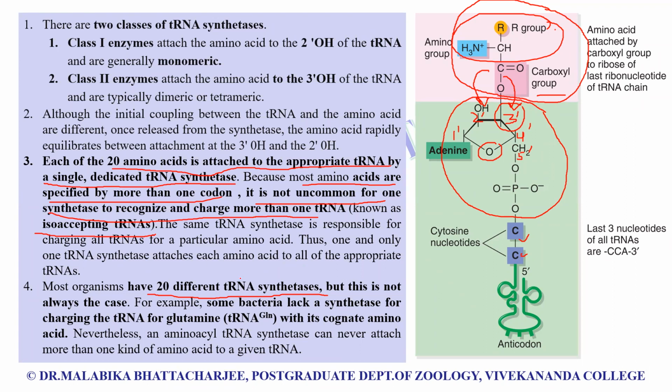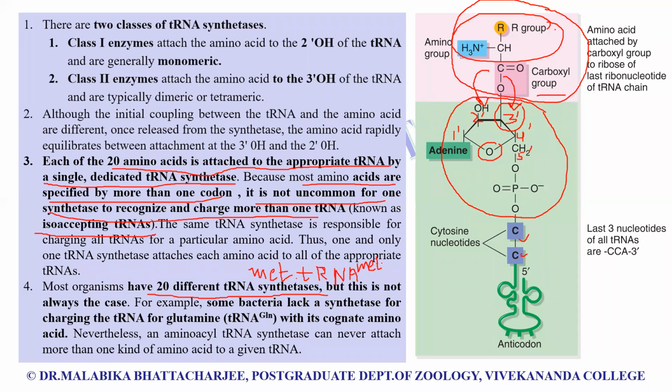There's one more thing I would like to mention here. At times, how do we write a tRNA? For example, if we write a tRNA as methionine dot tRNA, and on the superscript we write methionine.